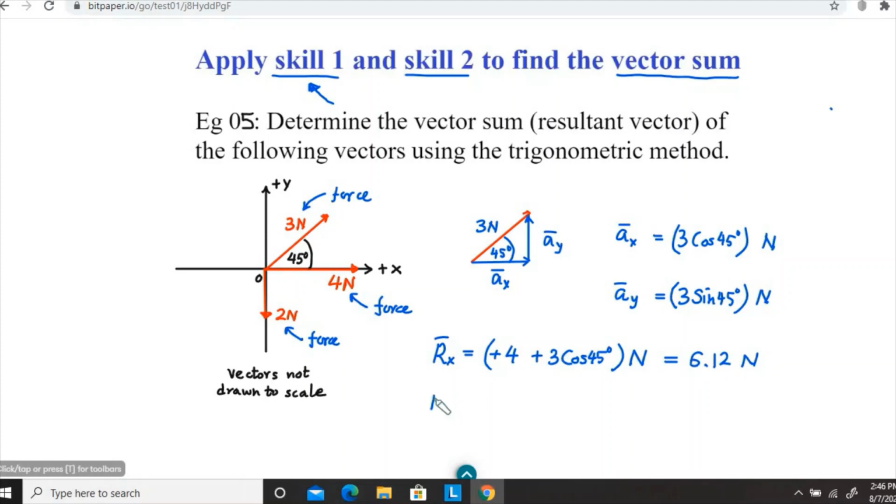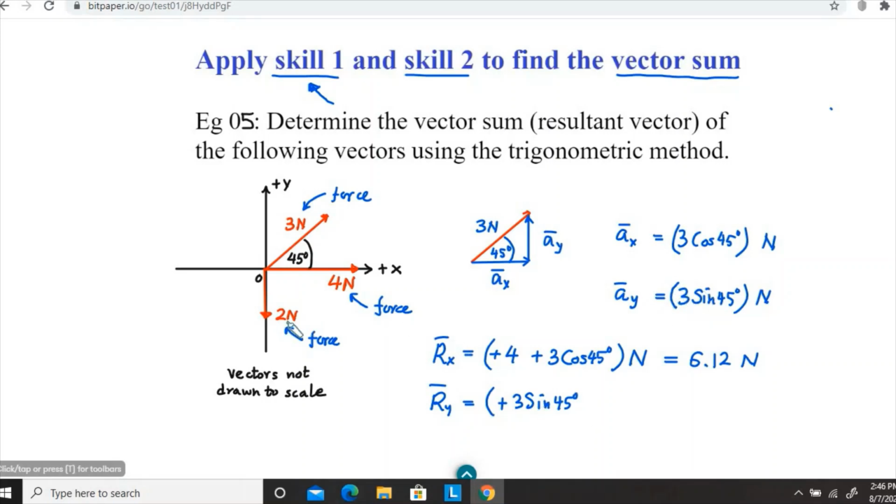Similarly, I'm going to define our Ry vector, that represents all the vectors along the y direction. Again, we have a component of the 3 Newton vector, so plus 3 sine 45 degrees, that's what we called the ay vector.